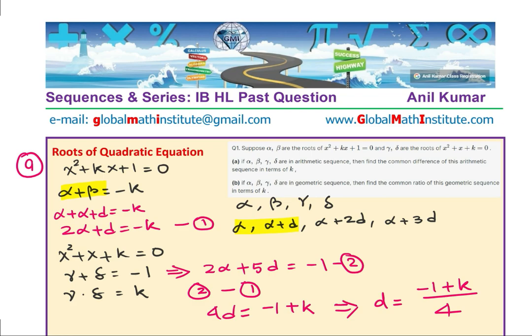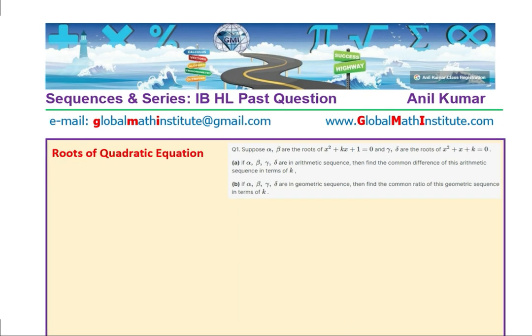Now let's do part B. In part B, we are going to use the product of the roots, and we'll see how the ratio is related. So once again, let's do part B now. The equation given to us is x squared plus kx plus 1 equals 0. If alpha and beta are the roots, then their product alpha times beta will be 1, right?